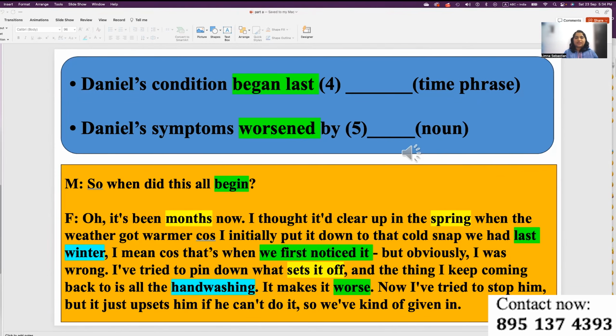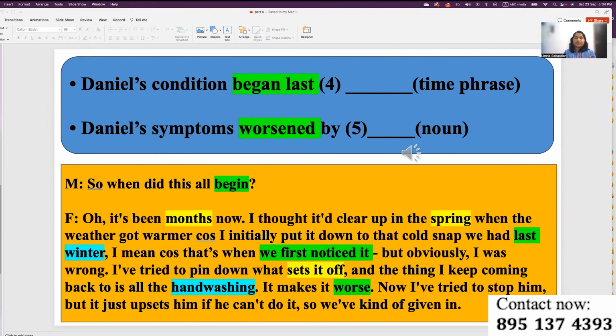So the fourth one, Daniel's condition began last. Began last is the keyword, worsened is a keyword. And here the pediatrician is telling, so when did this all begin? So when it started, so begin, same. So we will listen carefully. Then the mother will tell, oh, it's been months now.